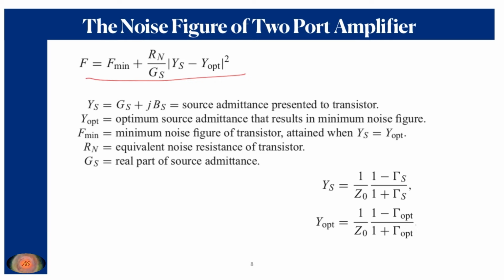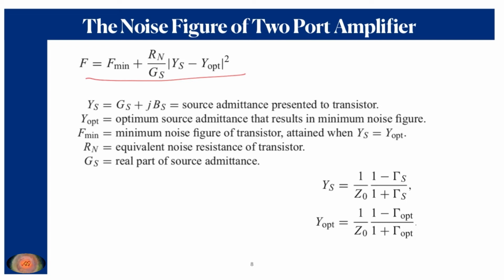And since gamma S is related to the characteristic impedance of the transistor and the source impedance of the transistor, the source admittance can also be represented easily in terms of the characteristic impedance of the transistor and the reflection coefficient of the source matching network, which is gamma S. In a similar way, the optimum source admittance can also be represented with the optimum reflection coefficient, which is the desired one, because we cannot make the reflection absolutely 0.